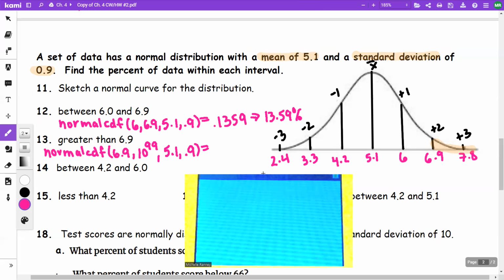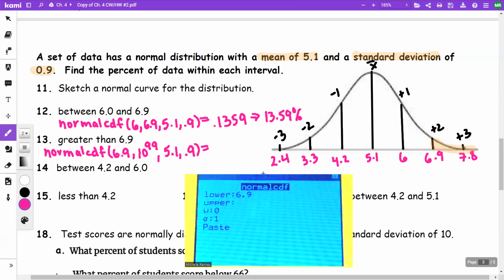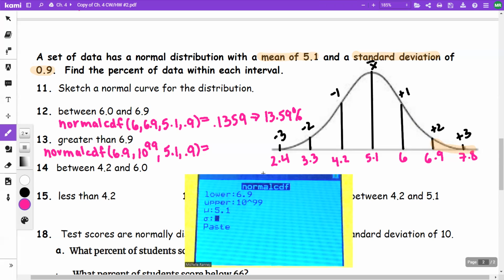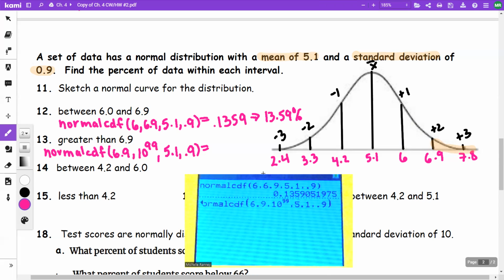Second distribution. Okay, number 2. And I want a 6.9 minimum, a 10 to the 99, that's infinity, a 5.1, and a 0.9. And I end up with a 0.0228 if I round. And so that's going to be 2.28%.